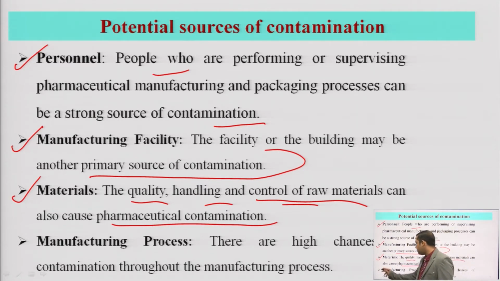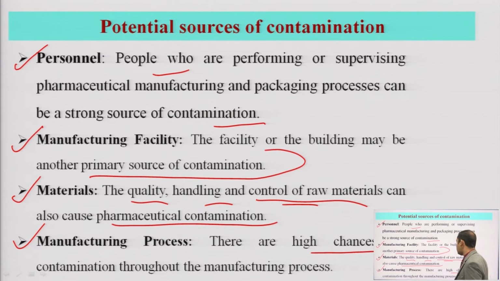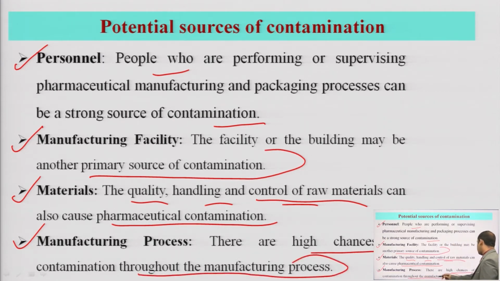The manufacturing process can also sometimes be a potential source of contamination. There are high chances of contamination throughout the manufacturing process. You are preparing your manufacturing tablet, but you are not serious about microbial contamination. You are producing some paste with starch, and after producing it you have not cleaned all those things, and somebody enters your premises from outside without proper sanitization.